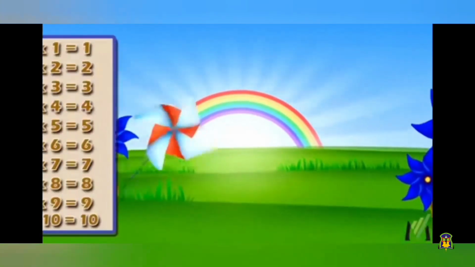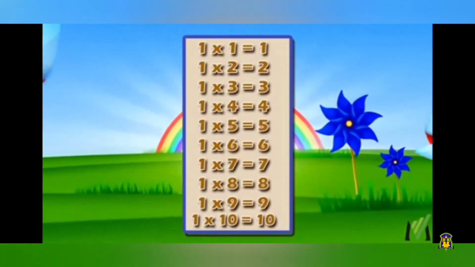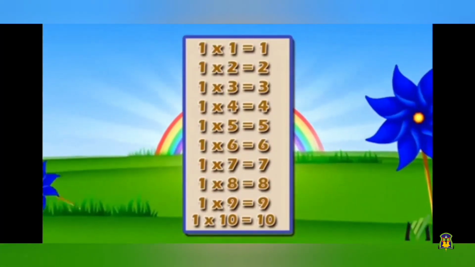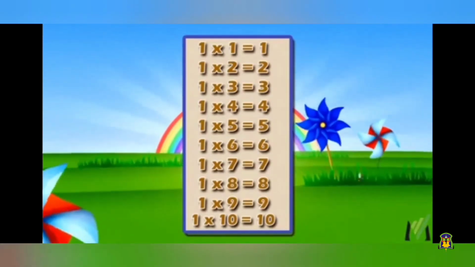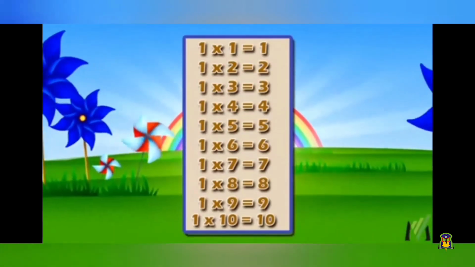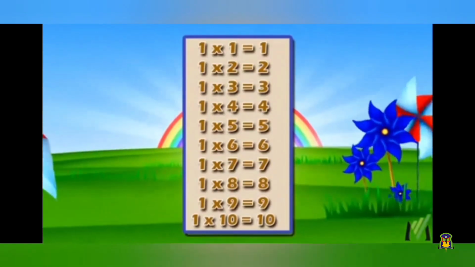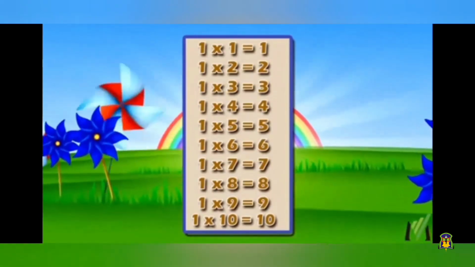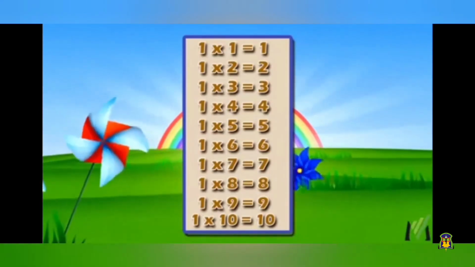Once again, the table of 1 through to 1 tens are 10.